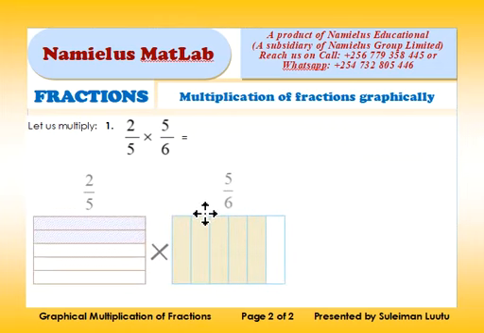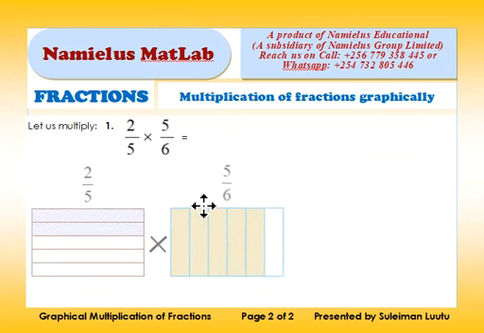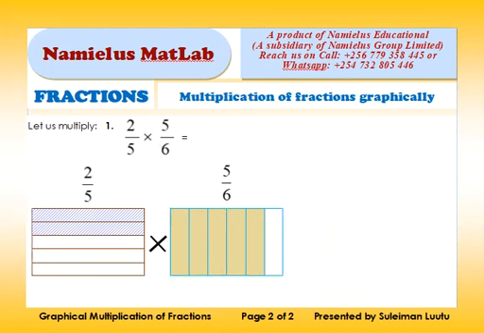As you see them here, you'll find that this is 2 out of 5. This is the first fraction represented. 2 parts are shaded out of 5. Then this is 5 out of 6. 5 parts are shaded out of 6.